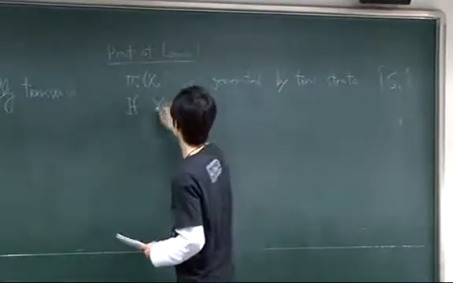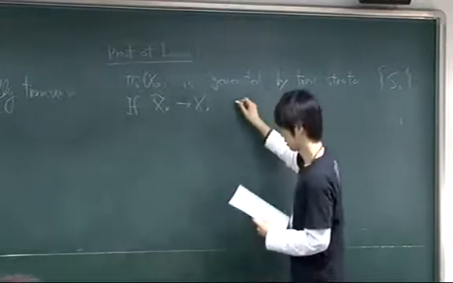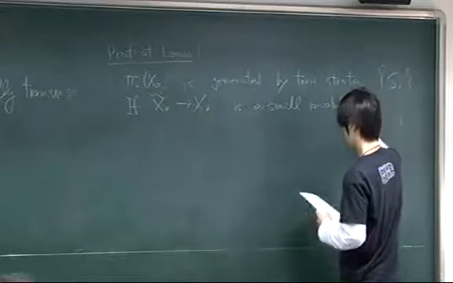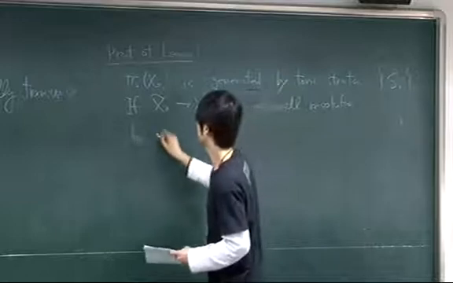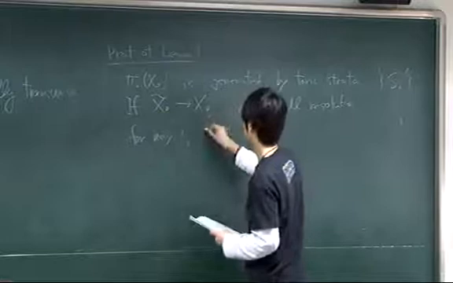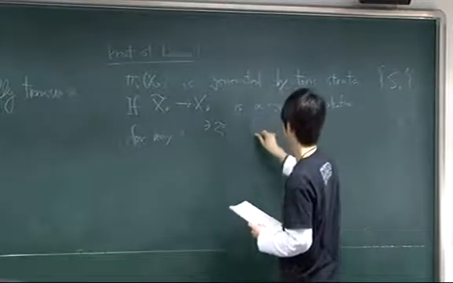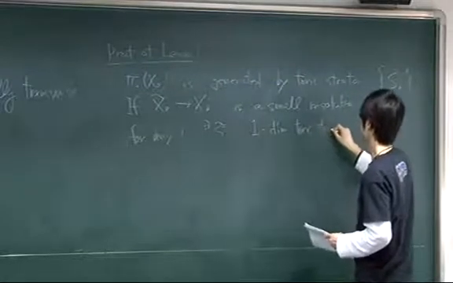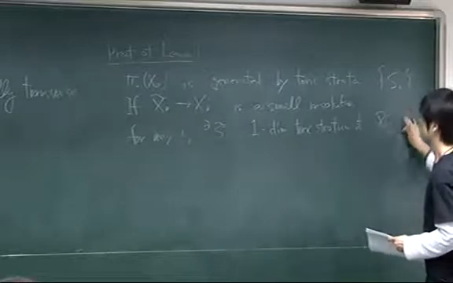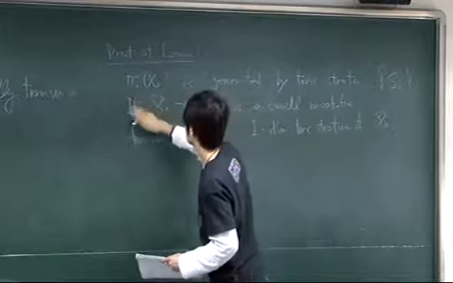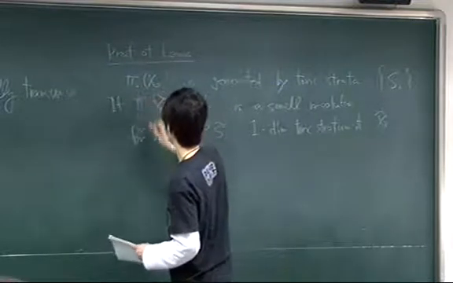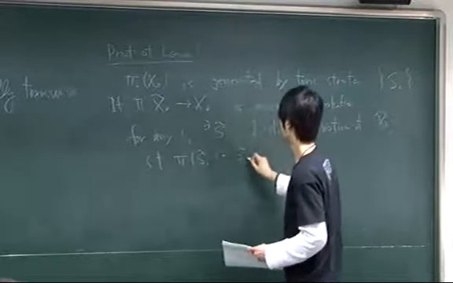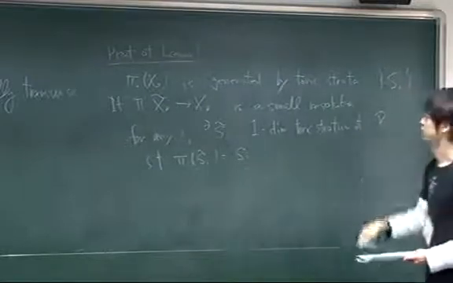If X0 tilde to X0 is a small resolution, then for any i there is a toric stratum of X0 tilde such that the image under pi of this stratum is the toric stratum of the original X0.